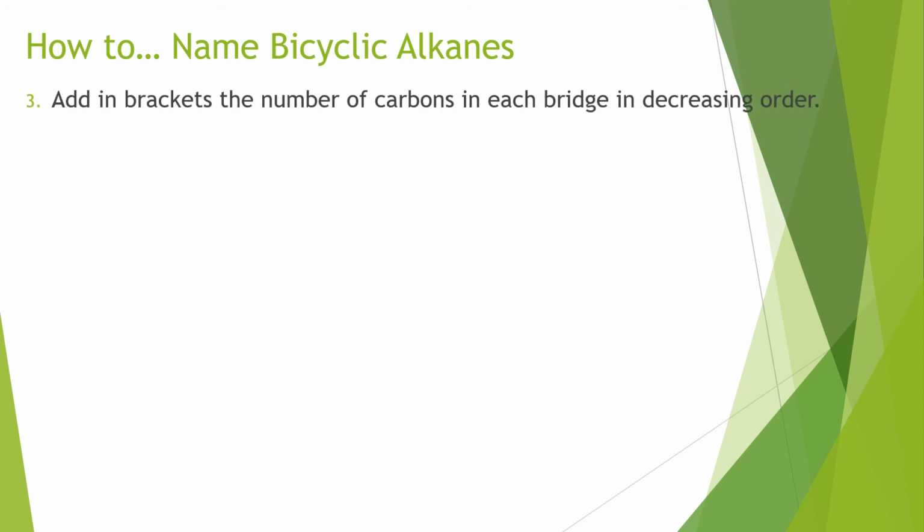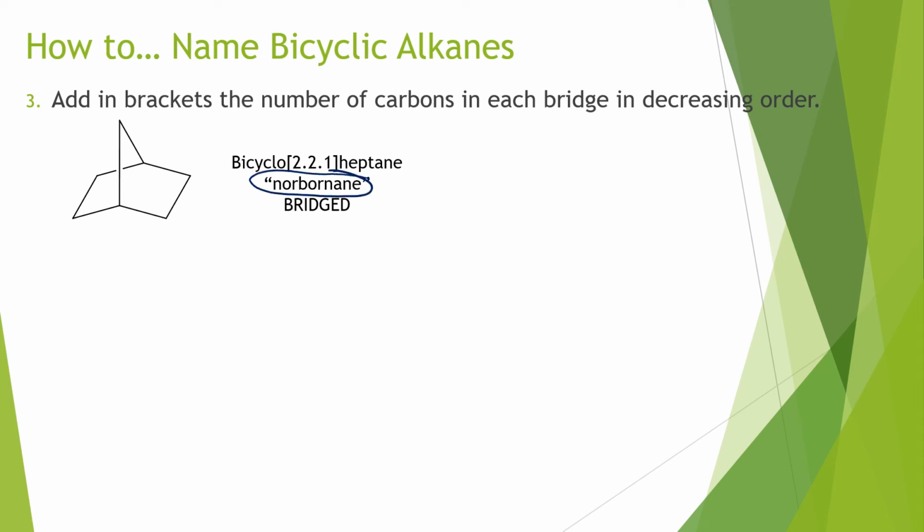So we already know that the main part of this name is a bicycloheptane. So the next step is to add in brackets the number of carbons in each bridge in decreasing order. So we had two 2-carbon bridges and one 1-carbon bridge. So the name of this compound is bicyclo[2.2.1]heptane. This has a common name of norbornane.